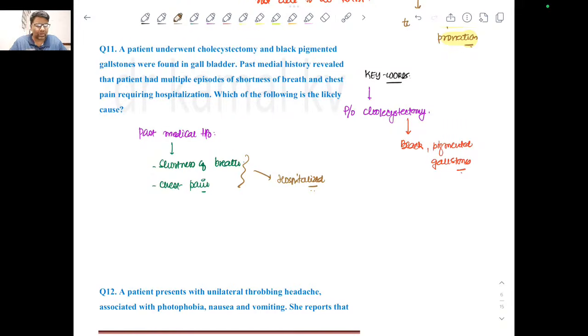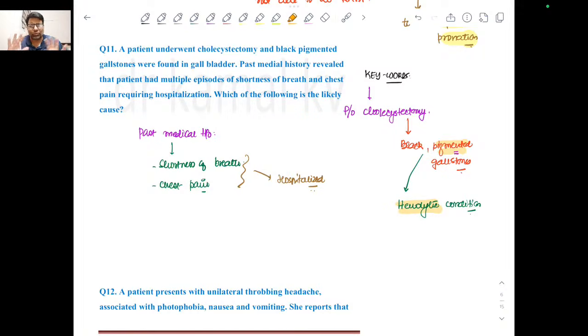Now, what condition? Very good, Priya, very good, absolutely right. So this is sickle cell anemia. Now, pigmented gallstones suggest that there is some hemolytic condition. Clear? So pigmented gallstone suggests that there is some hemolytic condition.